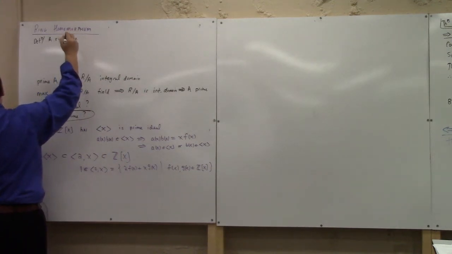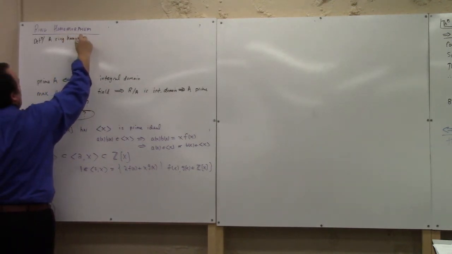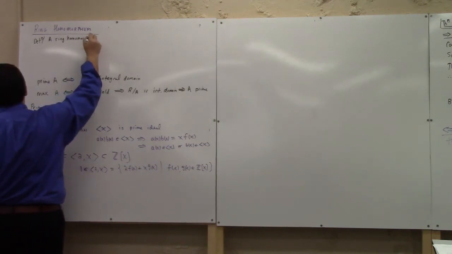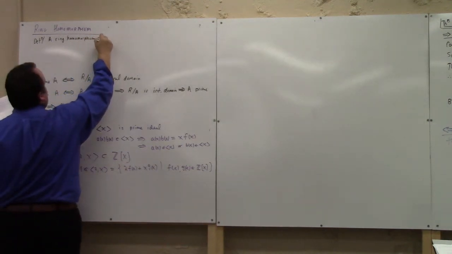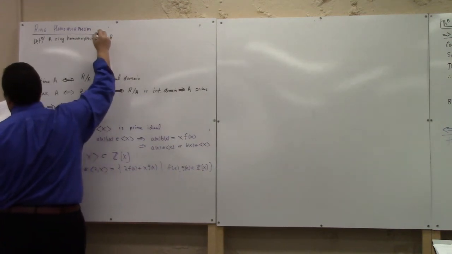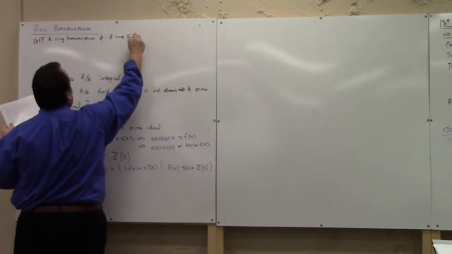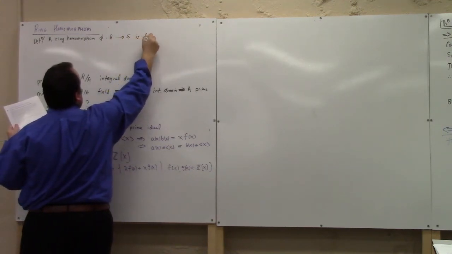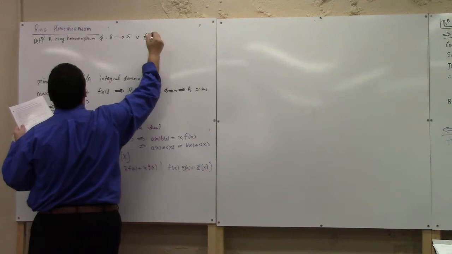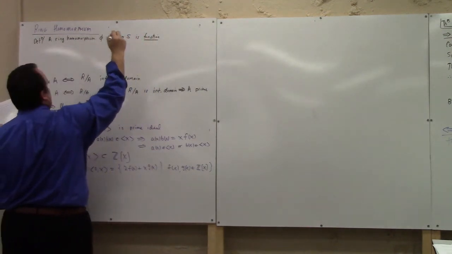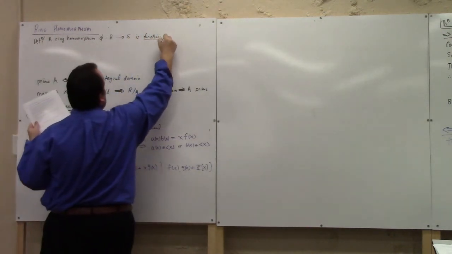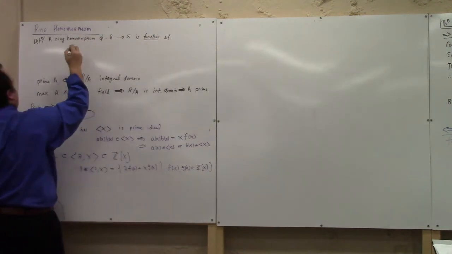A ring homomorphism, we'll call it phi, from a ring R to a ring S, is first of all a function which preserves ring operations, such that some terms and conditions apply.